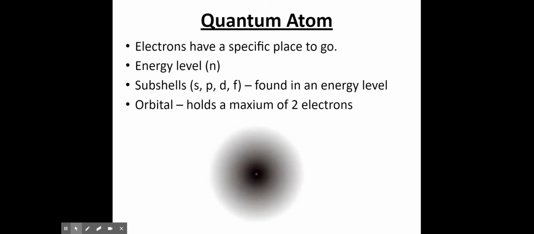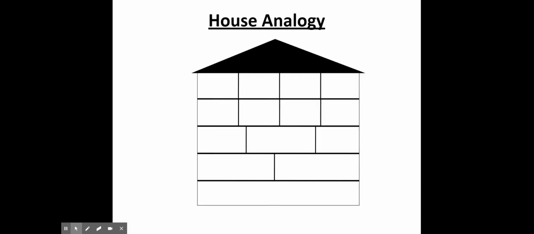All right. Those four subshell letters, S, P, D, F, need to do it in that order. Each one has orbitals. Each orbital can hold 2 electrons. This was an attempt to have it analogous to a house. So down on the first floor, you've got one room.